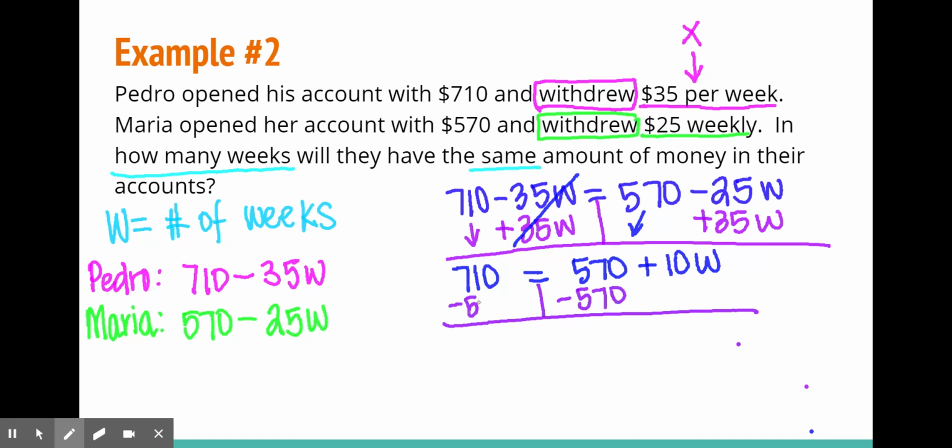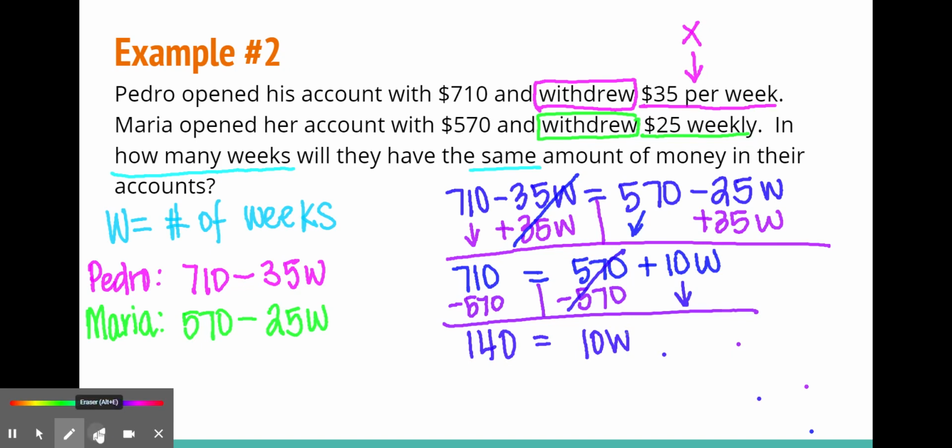Because when I subtract 570 from 570, I'm going to get 0, which is what I want. So 710 minus 570 is equal to 140. Bring down the equal sign. 570 minus 570 is 0, so those cancel out. And then I bring down the 10W, but I'm going to write it over here.